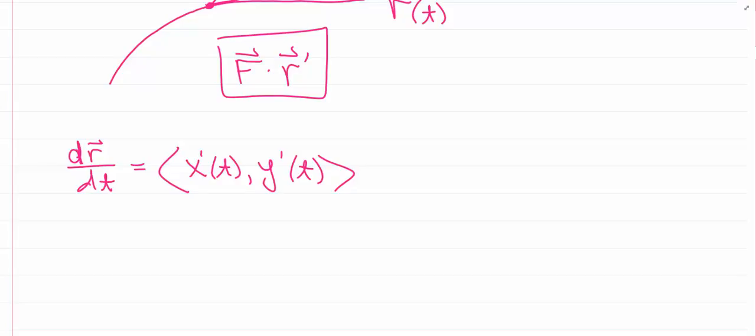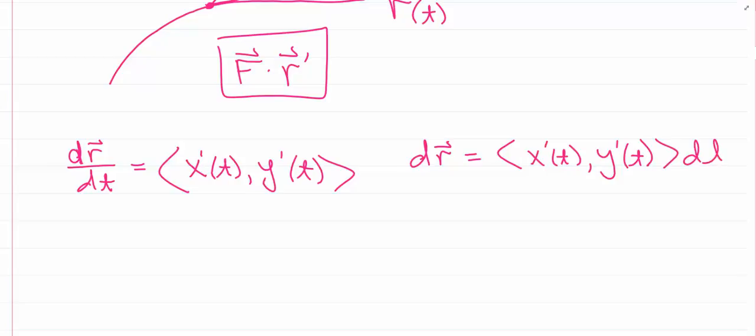Now, let me do the same thing I did when we were developing the thing with line integrals and scalar functions. Let me just write this in differential form. You can kind of think of it as I'm multiplying by dt if you want to. But if I do this, I get dr is equal to x prime t, y prime t, dt.